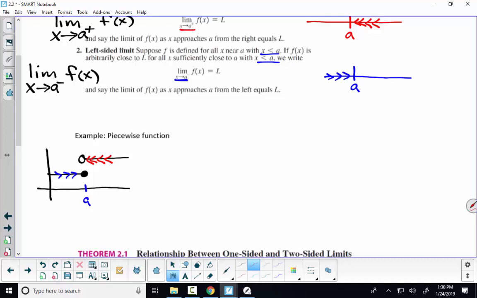Any other scenarios we might need a one-sided limit? Asymptotes? Yeah, what kind of asymptote? Slant. I don't know what I'm thinking of. Yeah, so if you had a slant asymptote, like what if we had a slant asymptote like this?